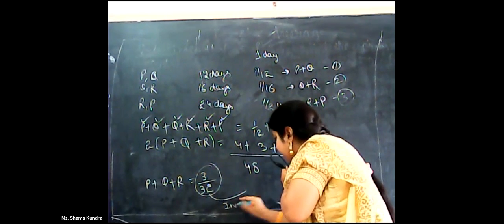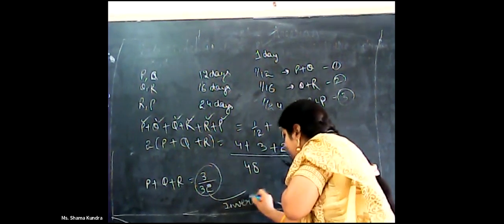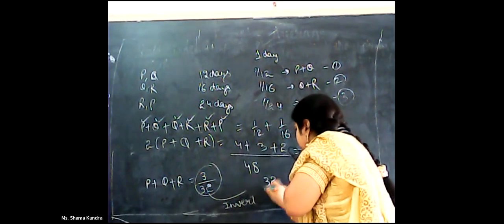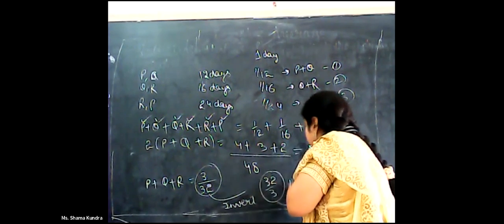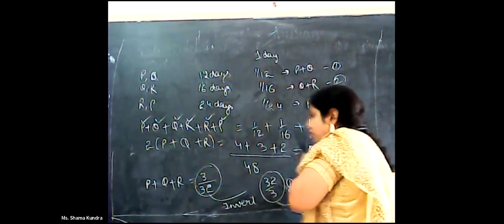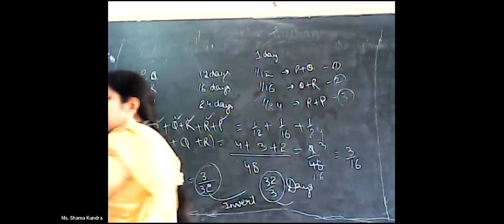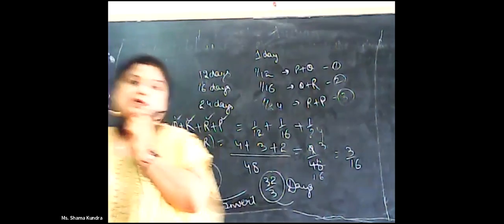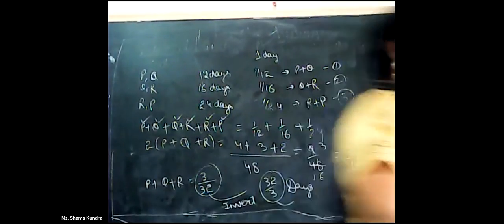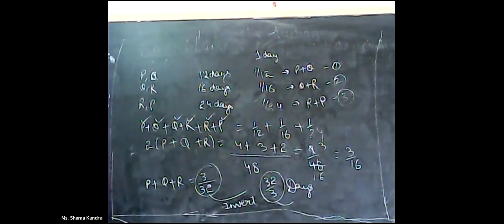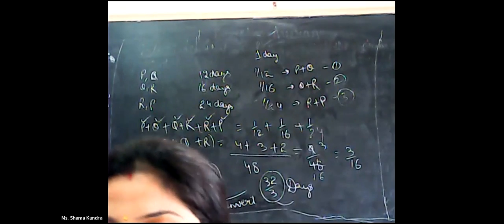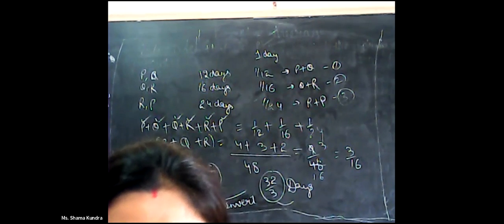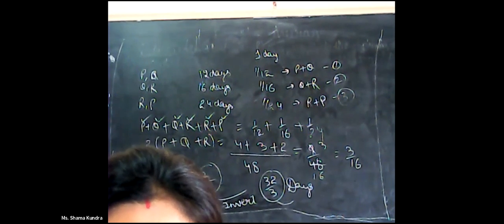What you will get? 32 upon 3 days. See how easy it was by simply remembering the tip to find one day work and then invert it. Now moving on to next question.